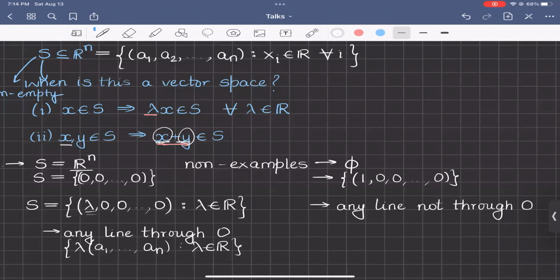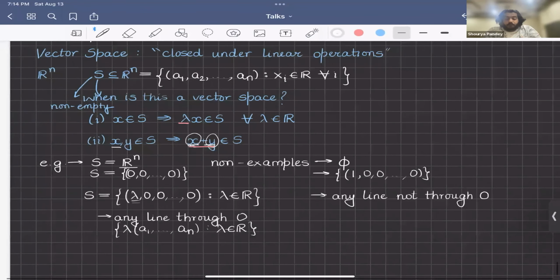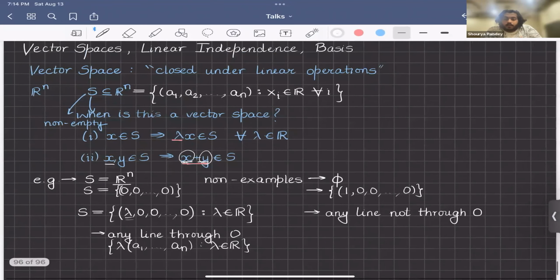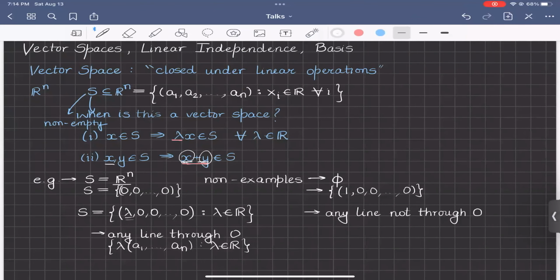How do you define addition of two lines? Let's consider a line through O, then X and Y belong to S, and X plus Y belongs to S, right, for a vector space. So how do you define the plus for two lines? I don't quite understand what you mean. X and Y are not lines themselves.